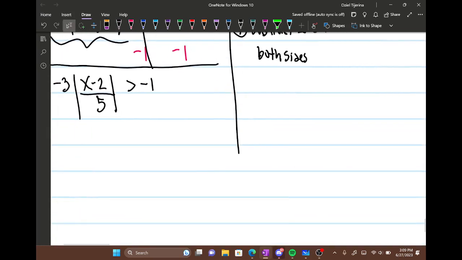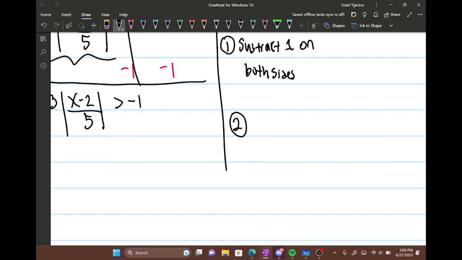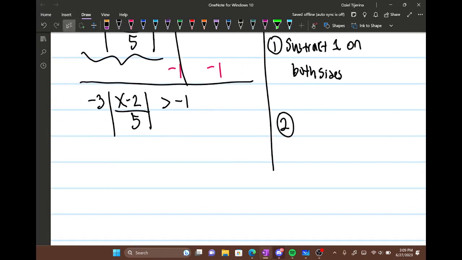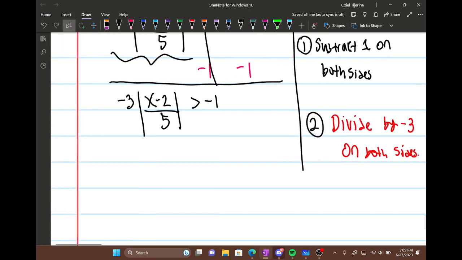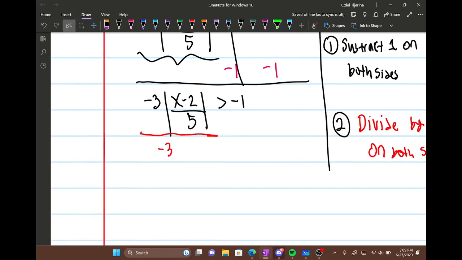My next step: since I have a -3 on the outside of the absolute value, I need to get rid of that. So my next step is to divide by -3 on both sides. Let me color code so you know.